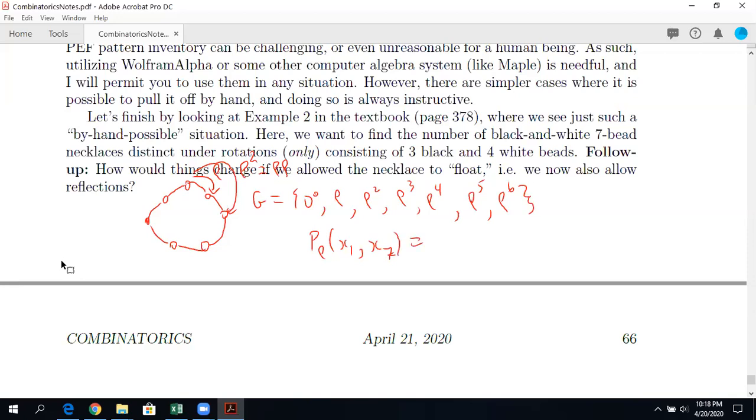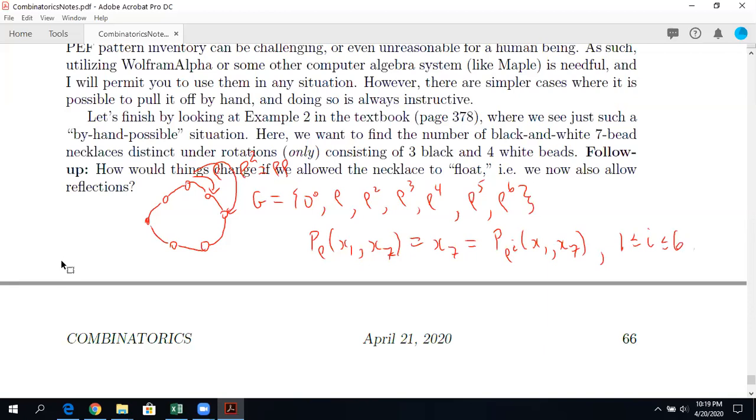So what am I going to get here? For rho, it's just a 7 cycle, to the first power, and that's it. Incidentally, that's also going to be true for any of these rho to the i, x1 through x7, for 1 less than or equal to i less than or equal to 6.